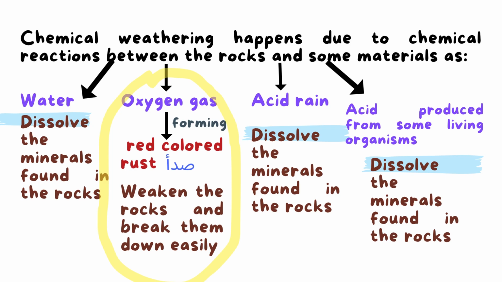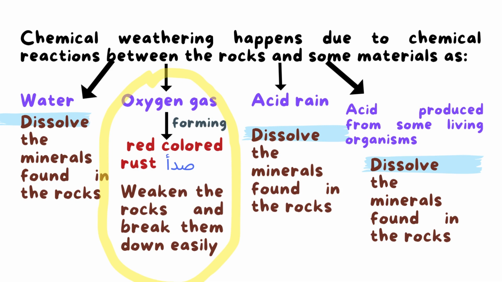So, do you notice here? Water, acid rain, and acid produced from living organisms, all of them dissolve the minerals found in the rock, okay? And we have the reaction with oxygen gas that forms red-colored rust, and this weakens the rocks and breaks them down easily, okay?